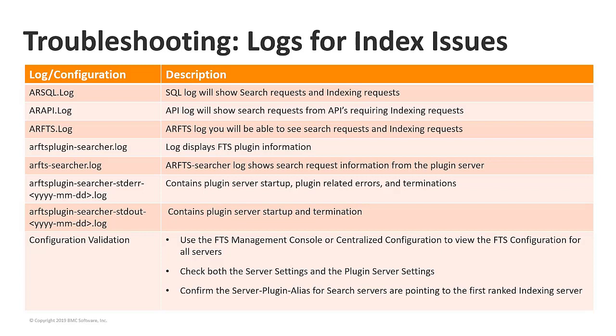There's an AIR FTS plugin searcher log, which will show you the plugin related information. The AIR FTS searcher log will show you the search request info from the plugin server. And then you also have the AIR FTS plugin searcher standard error and standard out logs, which will show you startup and if potentially the plugin is crashing.